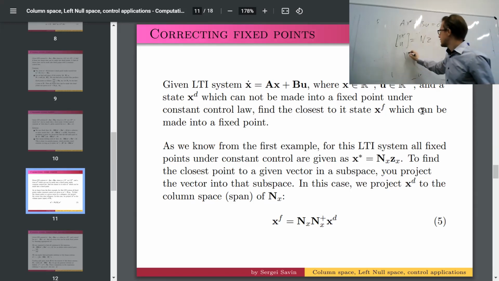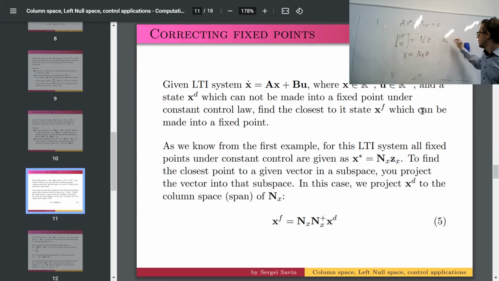That means that x that can be made into a fixed point can be expressed as nx times z, where n is equal to nx nu. Does this make sense? I just sliced this matrix like this. Okay, so all solutions have this form.